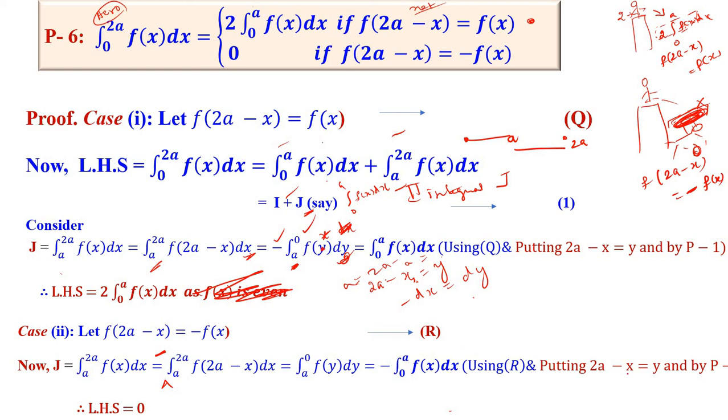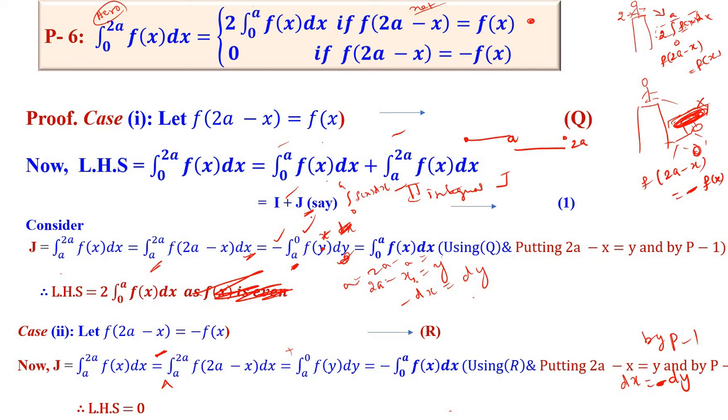When you replace 2a minus x by y, you get f of y, and here you already have one minus sign. And because dx is equal to minus dy, because of this minus sign, you have here a plus sign. So again the lower limit is a, upper limit is 0, f of y dy. If we change the limits by property 1, you have a minus sign.